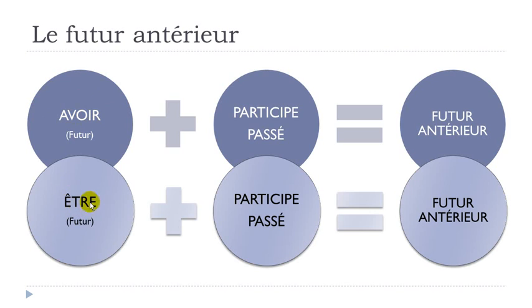And if you use être for some verbs at the passé composé, it will be exactly the same thing, but keep in mind that here it should be at the futur form, okay?